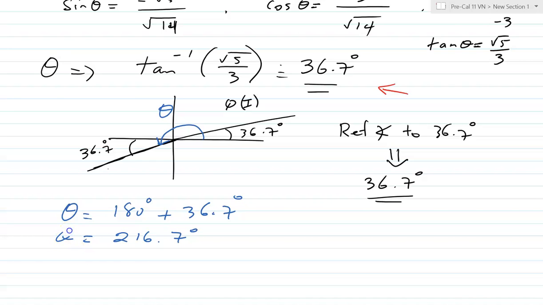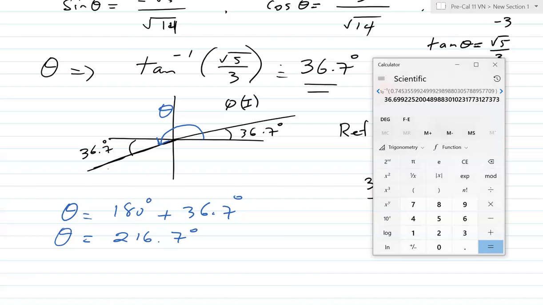Now it makes sense because we know that this angle in the third quadrant must be between 180 and 270. And also you can check. When you punch that in, you're going to get the decimal expansion, 0.75434. That's the decimal expansion of root 5 over 3. And when you punch that in, that's what you will end up getting for tangent.